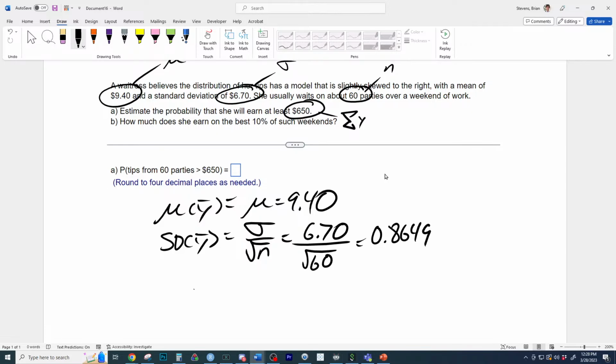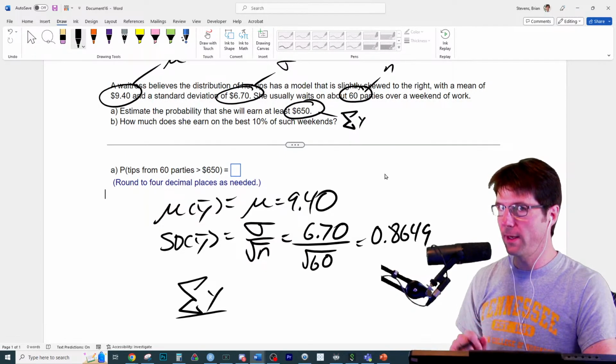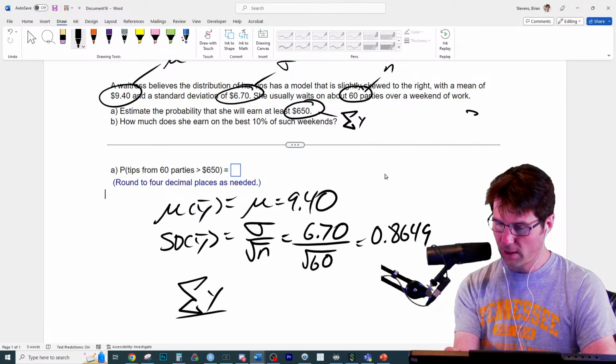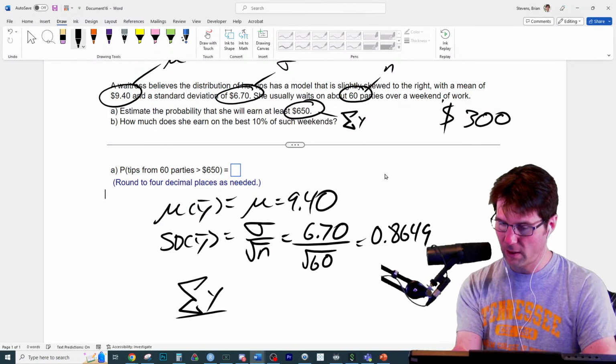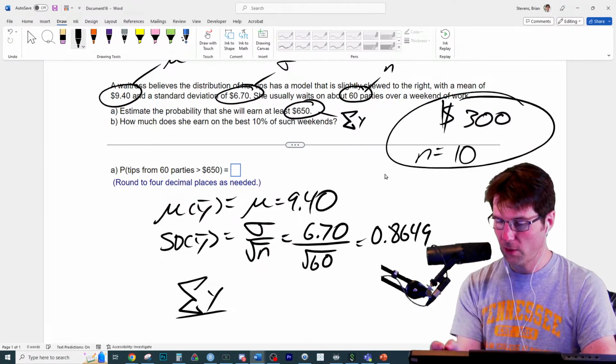We take the sum of the y's. So Mackenzie, think about this one. If you want to make $300 and you can only wait on 10 tables, how much would you have to make on each table? You want to make $300 over the weekend, and you're only going to wait on 10 tables. So how much would you have to make on each table to make $300?